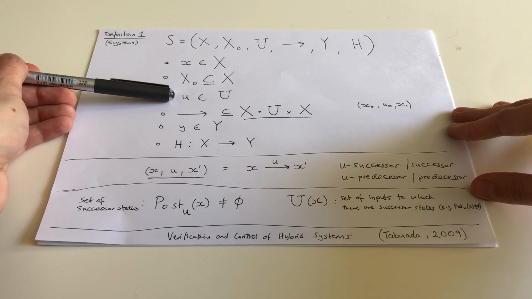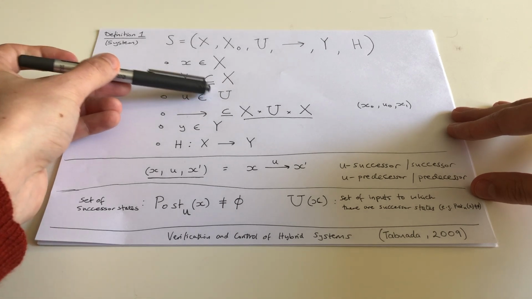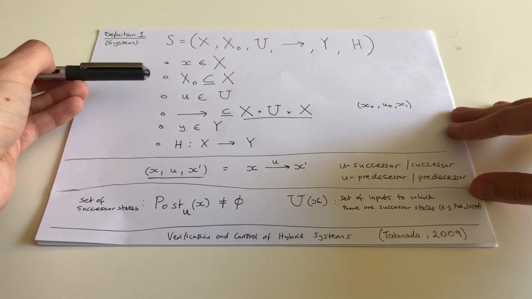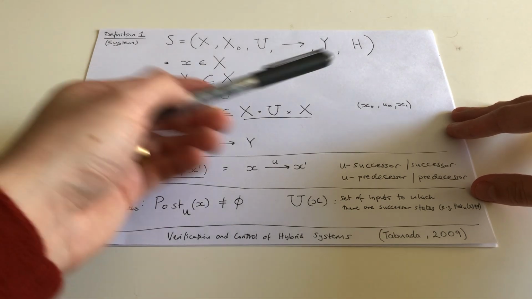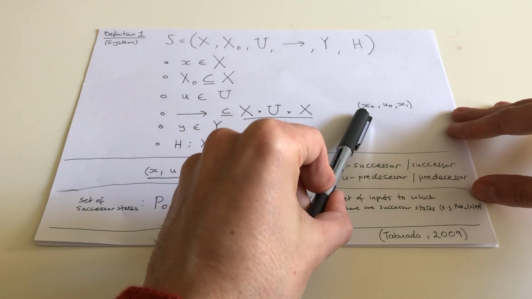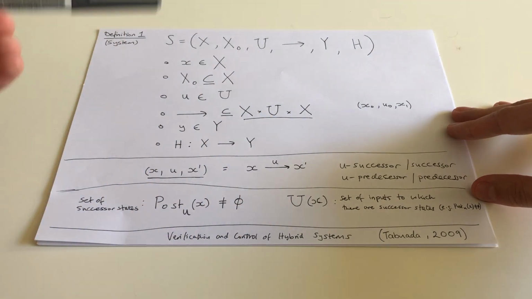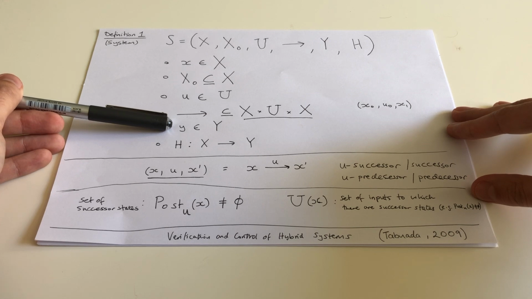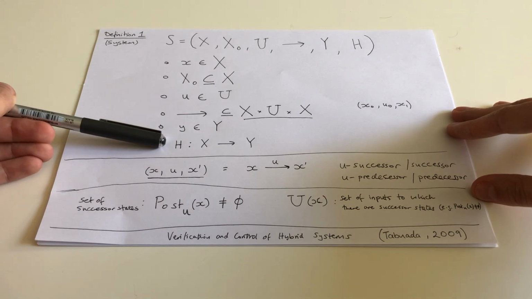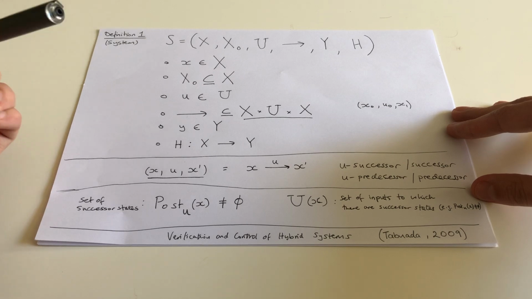We can again have an input u, which is inside our set, and then the transition relation can look like a state under an input transitioning to another state. We can also denote individual elements of the set of outputs, and this mapping maps from a state x to some output y.